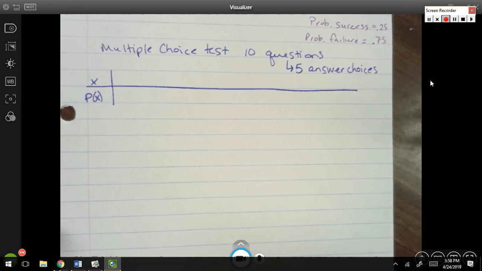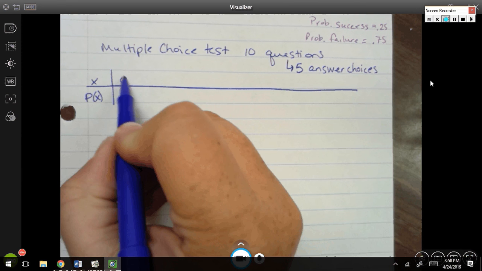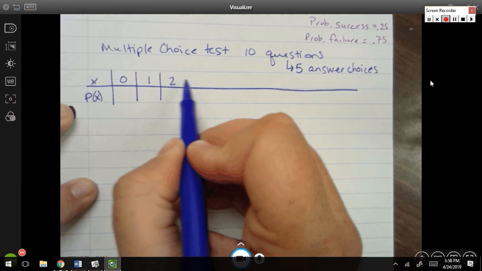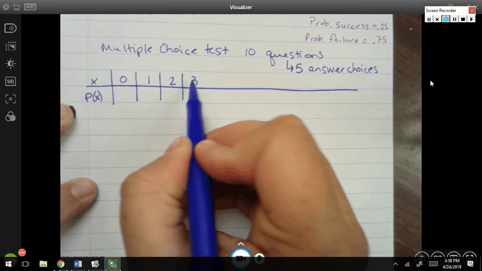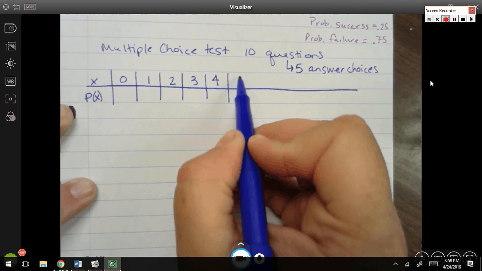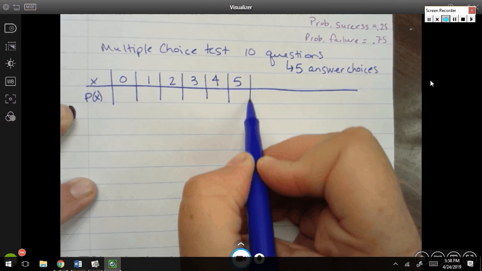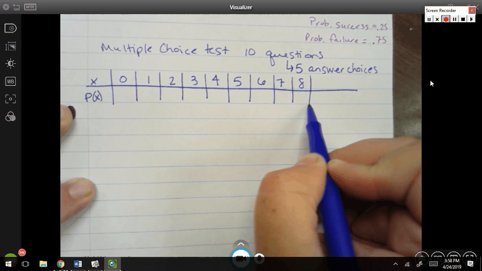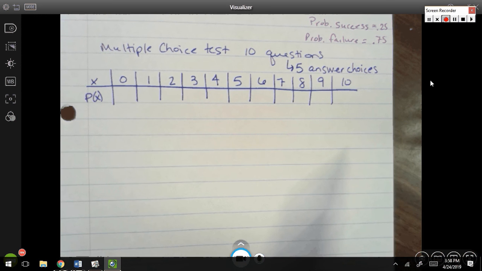That's what I'm going to look at. So if there's 10 questions, I could get none of them right. 1, 2, 3, 4, 5, all the way to 10. It's a big distribution. But we can use this distribution to answer a lot of questions.